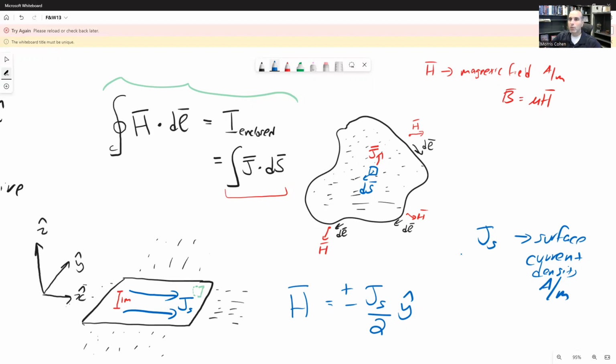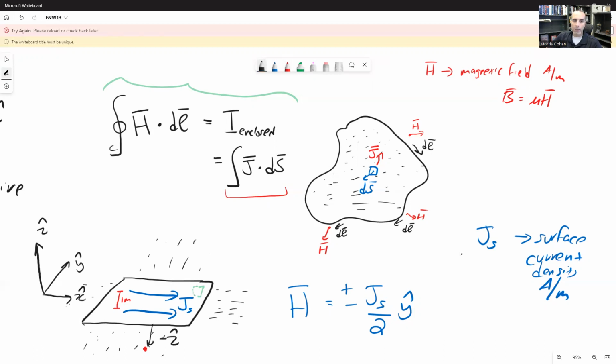The other thing is that it's in the Y direction, which should make sense if you imagine a point right here, that it's below the sheet, right? The contributions of all the current should be in the direction of J cross R. So J is in the positive X direction, and the R vector is in the minus Z direction.